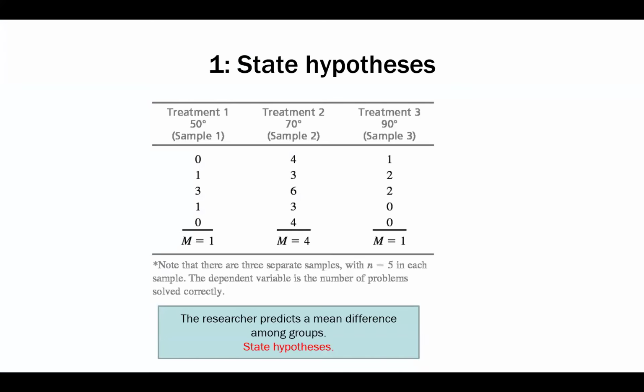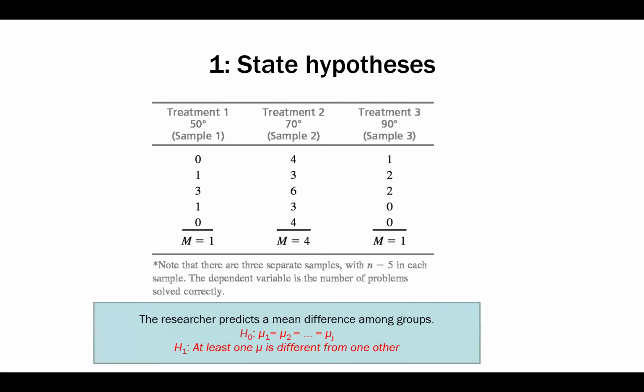So here are our data again. And our first step is to state our hypotheses. The researcher is predicting some mean difference among the groups. So this is a time to pause and sketch out what you would think would be the hypotheses.